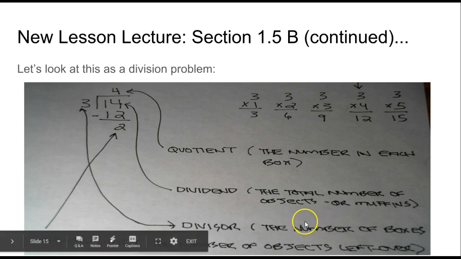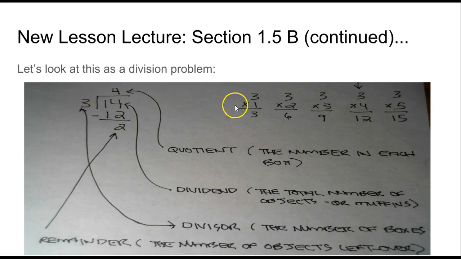So we look at 14 divided by 3, and remembering from our previous lesson, we use multiplication to get there. So we see 3 times 1 is 3, 3 times 2 is 6, 3 times 3 is 9, 3 times 4 is 12, 3 times 5 is 15. Okay, so we know we need to stop because 15 is greater than 14.